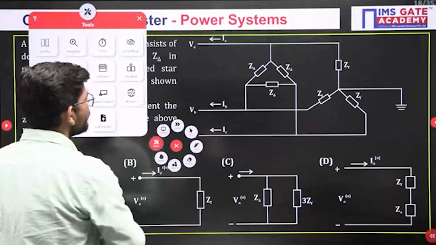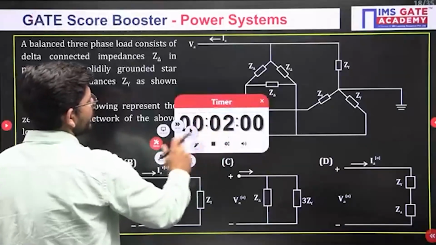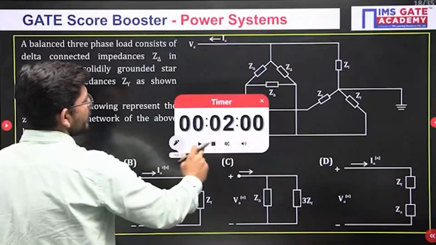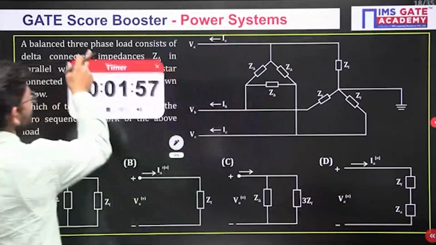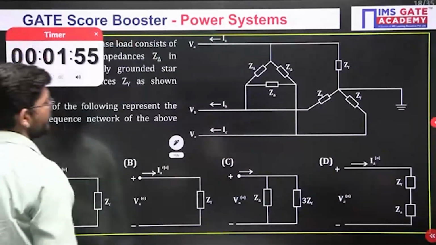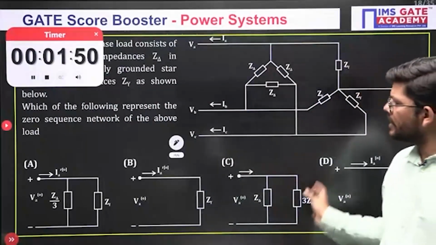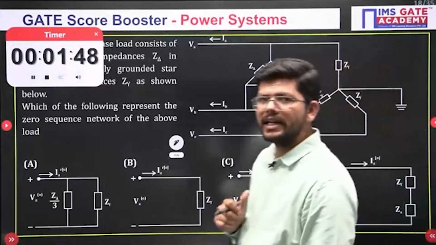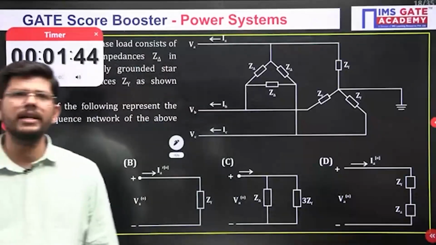This is a very, very fundamental, very conceptual question, I have to say. What will be the possible zero sequence network of this combination of a delta connected network and a star connected network connected together?